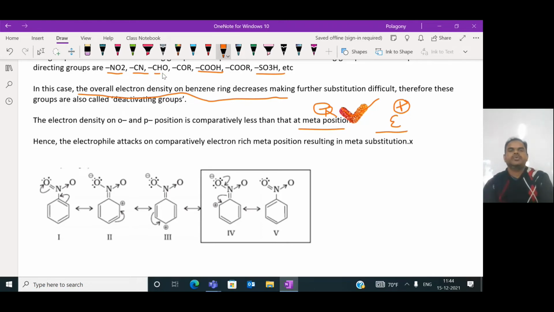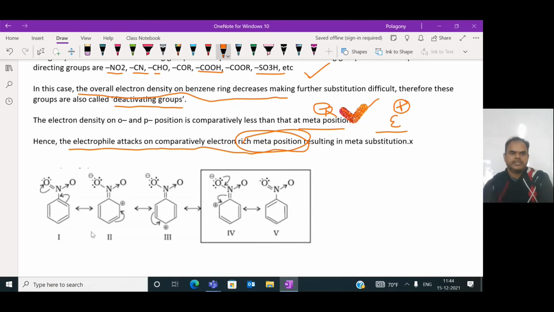So NO2, cyanide, CHO, COOH are called meta-directing groups, and these are said to be deactivating groups. The electrophile attacks comparatively the electron-rich meta position. Note this point: electron-rich meta position we say.